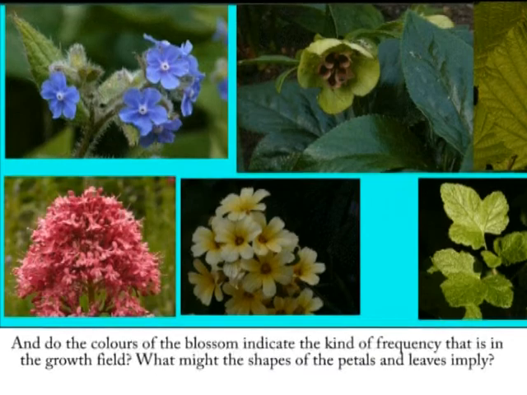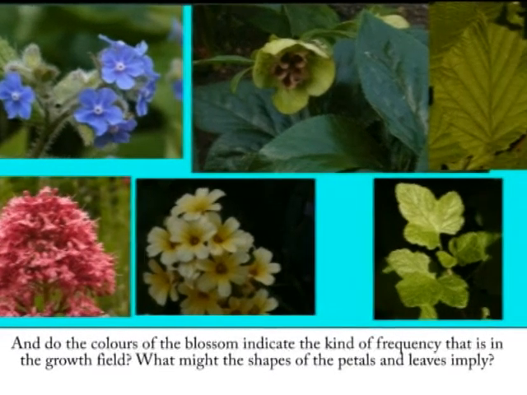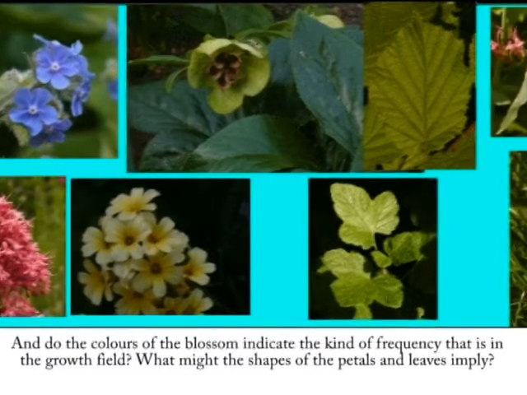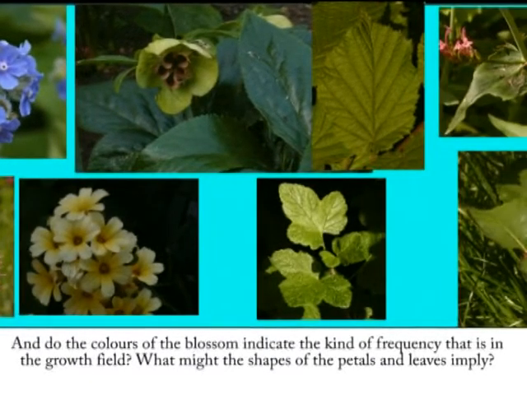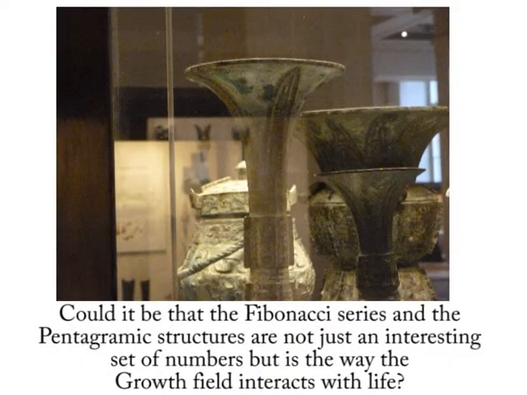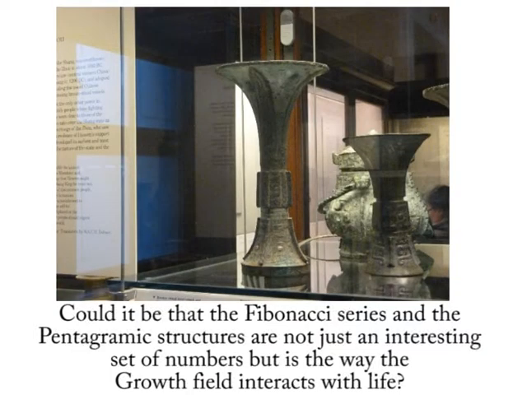Do the colours of the blossoms indicate the kind of frequency that is in the growth field? What might the shapes of the petals and leaves imply? Could it be that the Fibonacci series and the pentagrammic structures are not just interesting sets of numbers, but is the way that the growth field interacts with life?